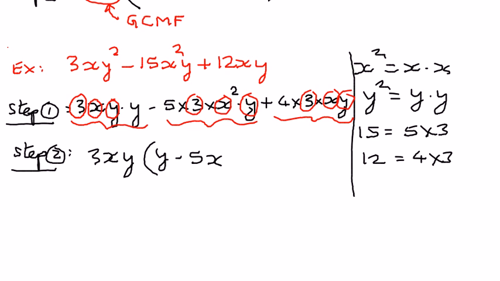And in the third expression, when we pull out 3xy, we have a positive 4 left. Therefore 3xy is the greatest common monomial factor for this given expression.